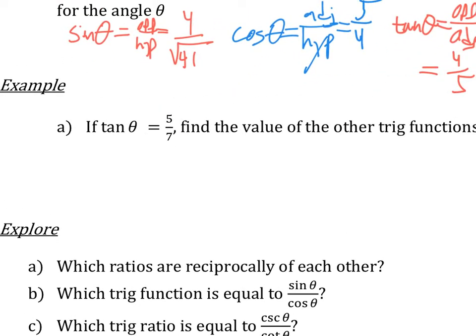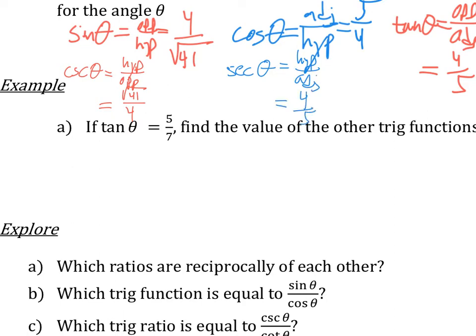For cosecant, which we described a minute ago, that's hypotenuse over opposite. That's going to be square root of 41 over 4. The secant is the reciprocal of cosine. That's going to be hypotenuse over adjacent, and that's going to be square root of 41 over 5.